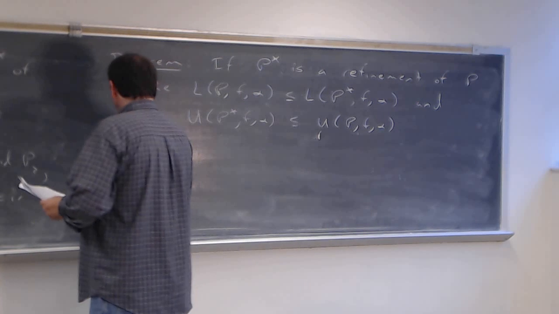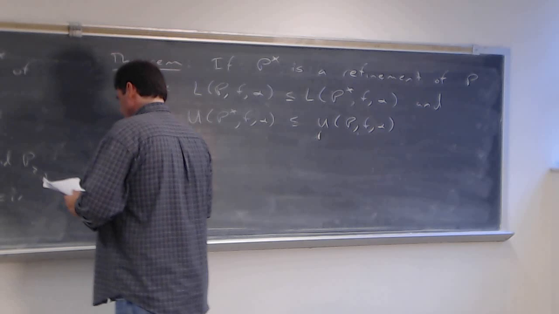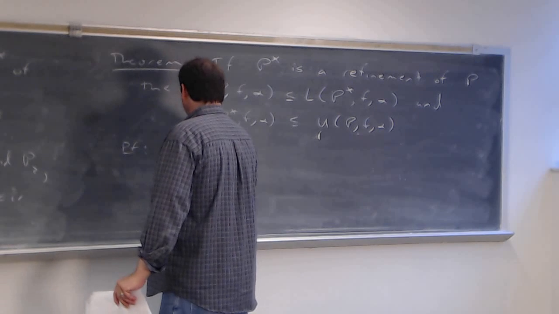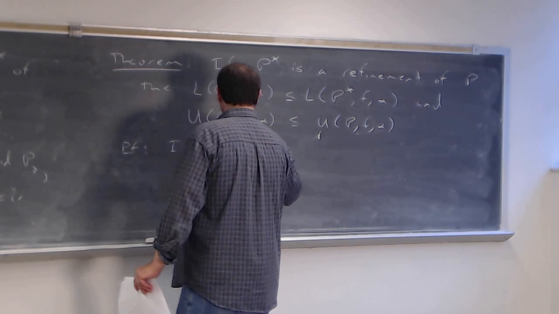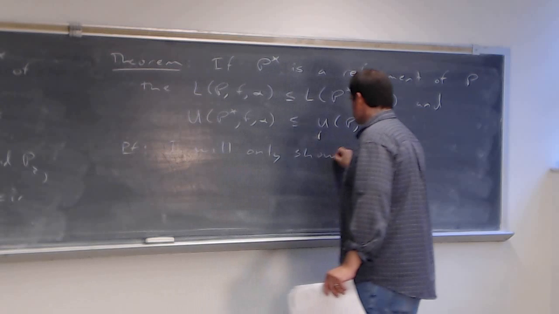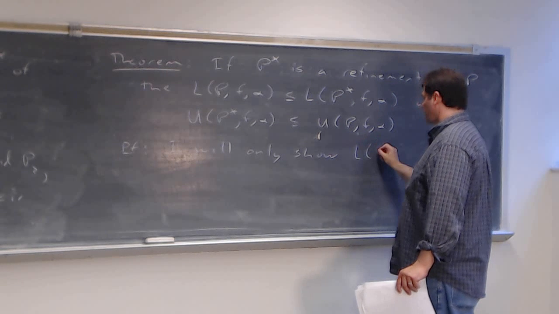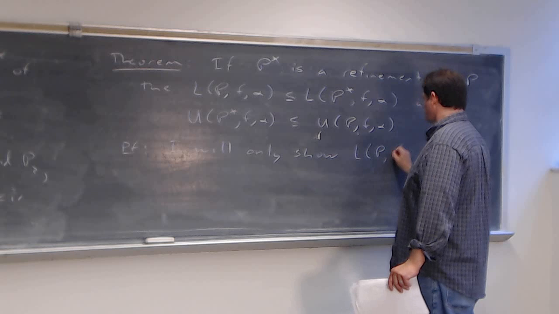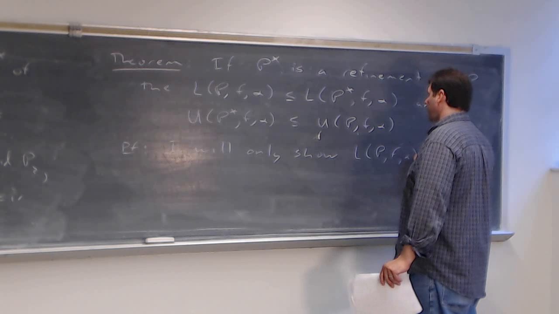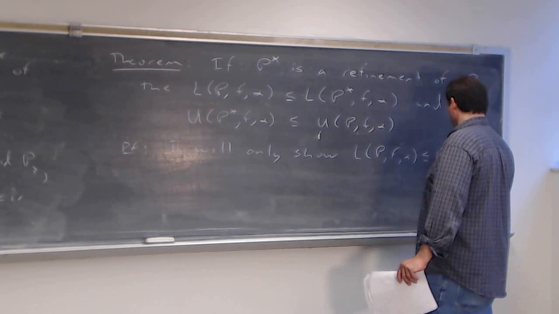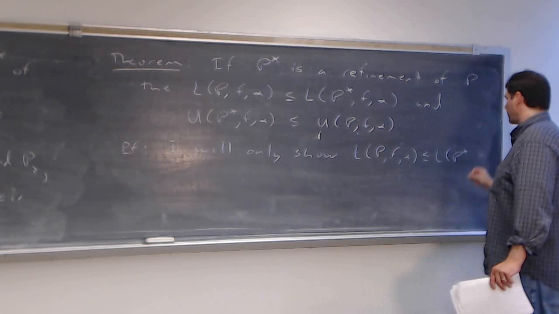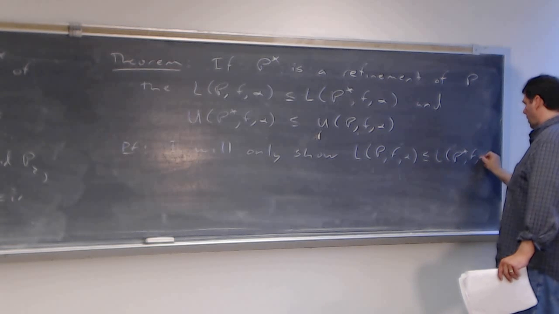So here, for the proof, I will only show that this lower sum with P, F, alpha is less than or equal to the lower sum with the refinement, F and alpha.